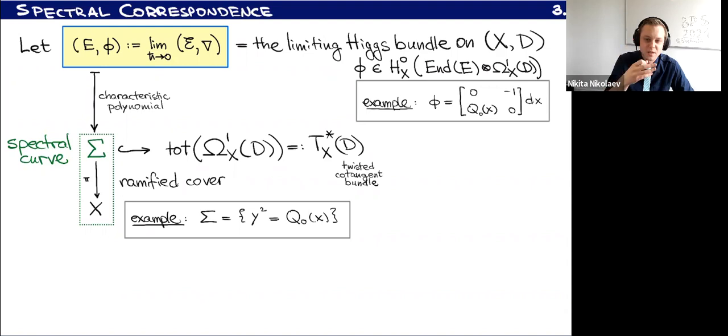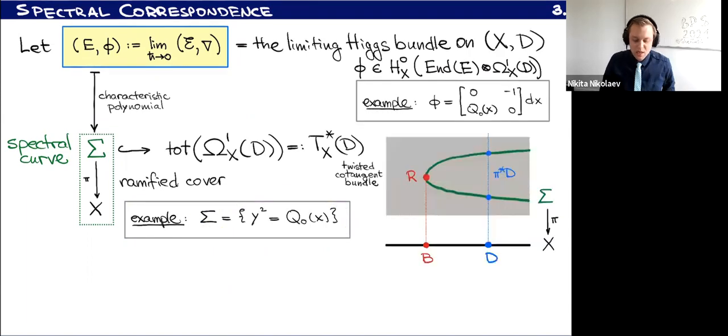Then I took the limit of that, and I had a rank 2 Higgs bundle. And so the corresponding spectral curve is a 2-to-1 covering. It's a double cover of X, which in this case works out to be the Riemann surface of square roots of Q naught.